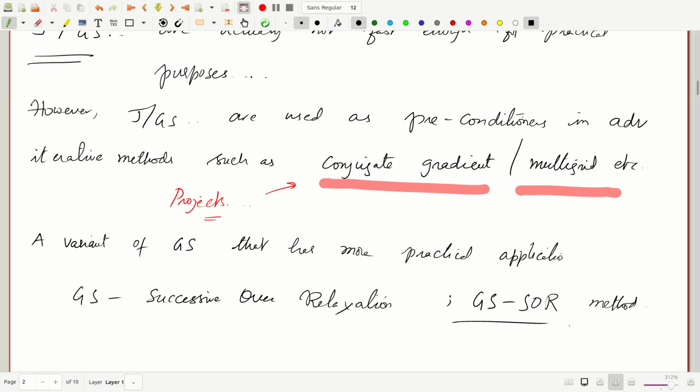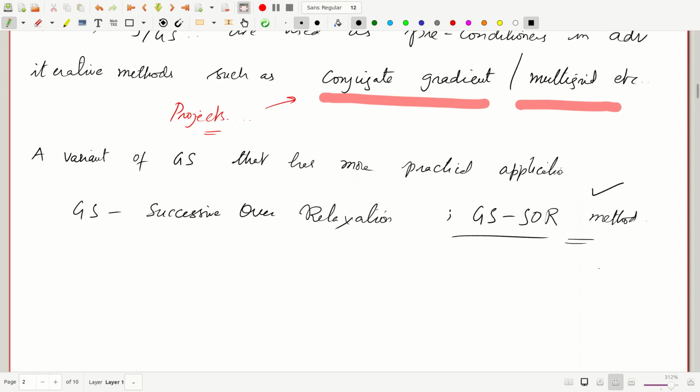We will later on learn about this method as well in the course. This is more predominantly used, since it gives results much more quickly compared to the basic Gauss-Seidel method.